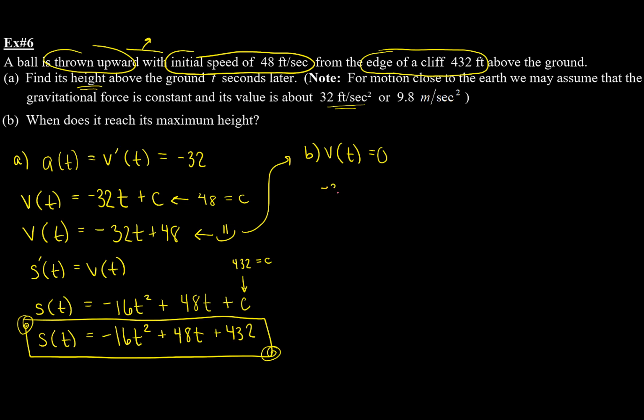So negative 32t plus 48 equals 0. I'm going to subtract 48 from both sides, and divide by negative 32, and I'm going to get 1.5 seconds.